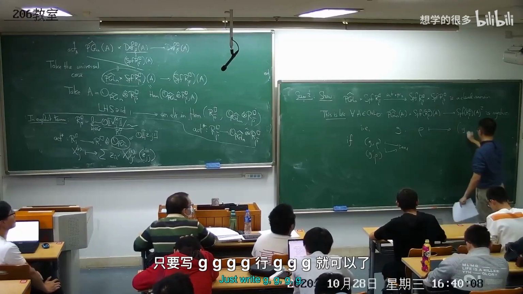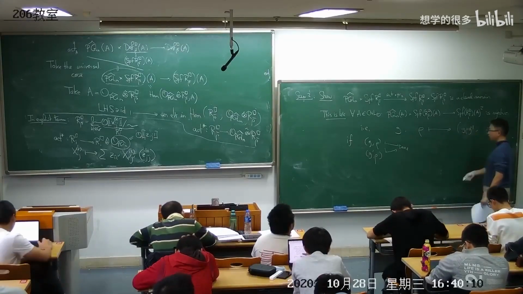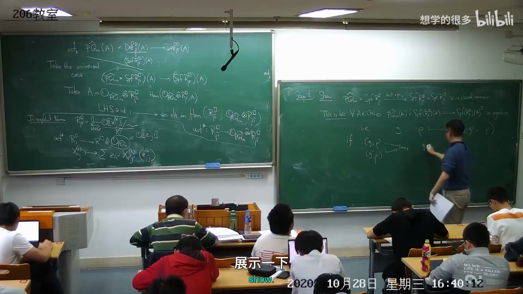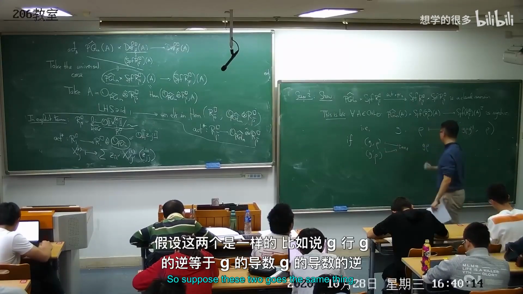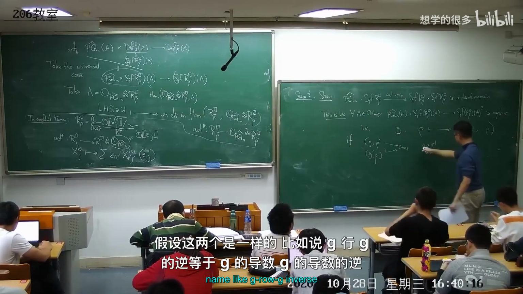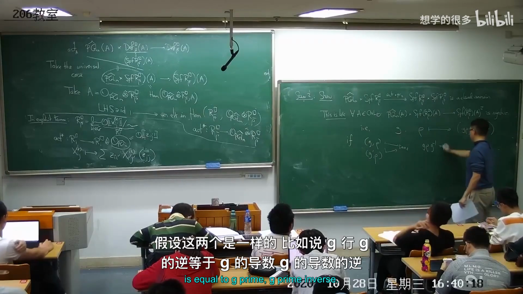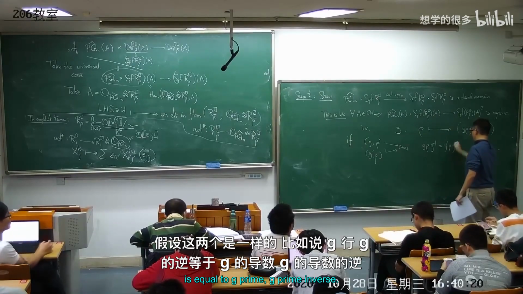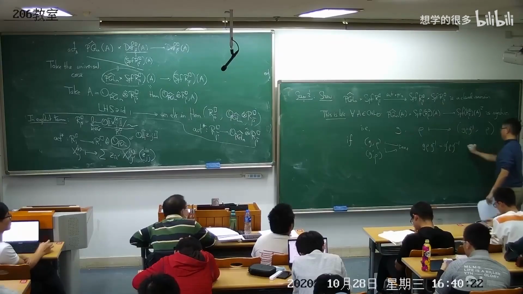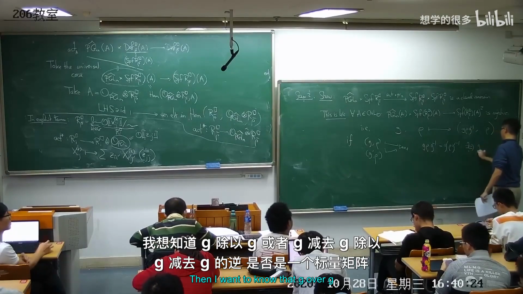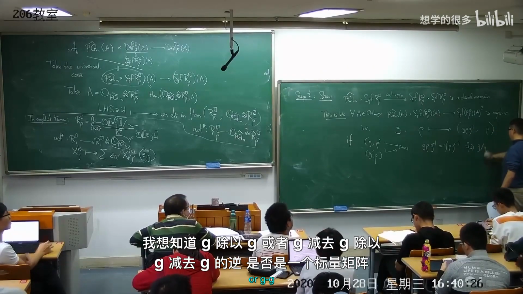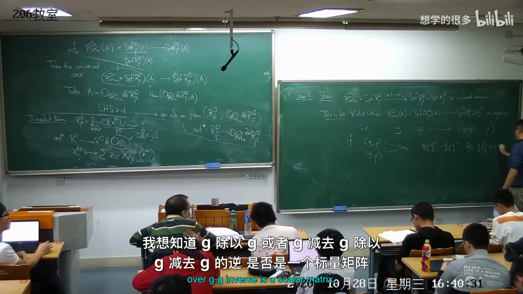Just write g rho g inverse. So suppose these two go to the same thing, namely g rho g inverse is equal to g' rho g' inverse. Then I want to know that g' inverse g is a scalar matrix.